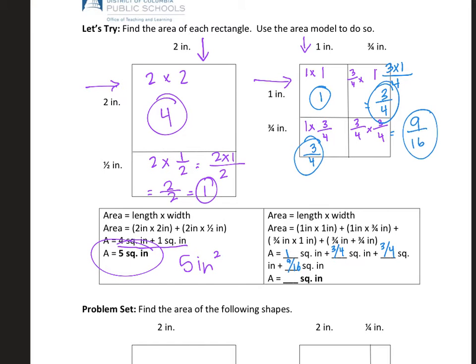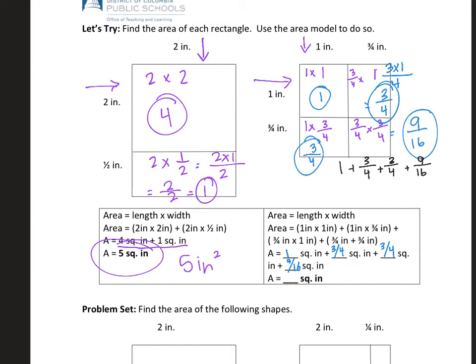Okay, so now we need to do that. All right, so I'm going to say, I'm running out of room here. 1 plus 3/4 plus 3/4 plus 9/16.